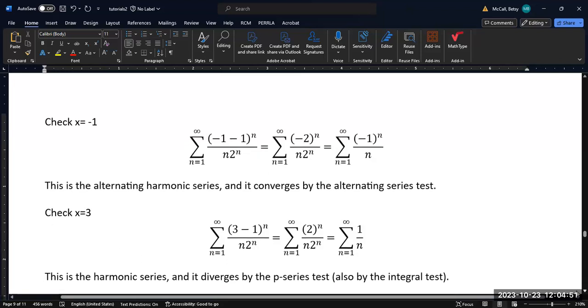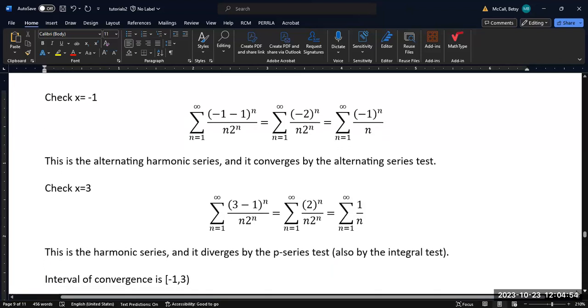And so the endpoints would converge, one of them and not the other one, but it would be the reverse.